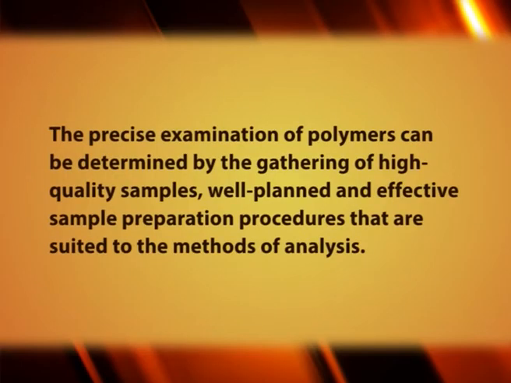The precise examination of polymers can be determined by the gathering of high quality samples, and well planned and effective sample preparation procedures that are suited to the methods of analysis. The preparation of samples for analysis requires a thorough understanding of the behavior of the various types of chemicals in different samples, both before and during the sample preparation, and an awareness of the limitations of the chosen instrumental method of analysis.